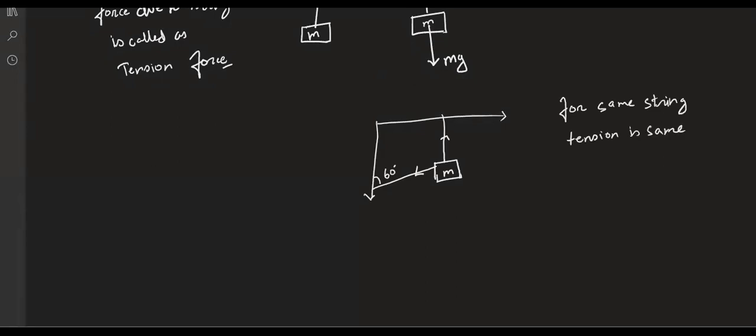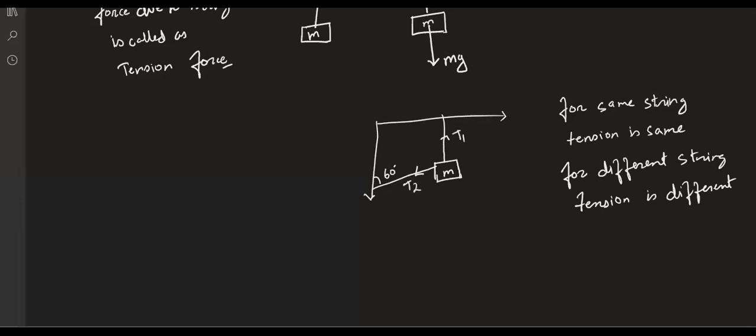For different strings, tension is different. As simple as that. It's a theory. Makes sense now, right? So suppose this is T1, then this would be T2.